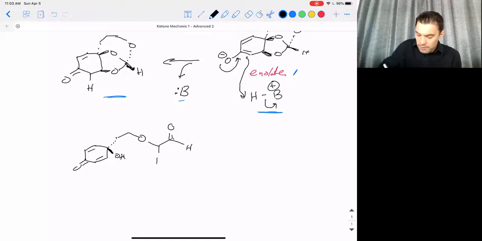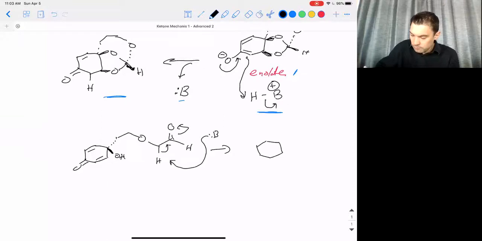There is an acidic spot here, and so our base could, in principle, deprotonate this to make the enolate of the aldehyde. And then this enolate could, in principle, do things.